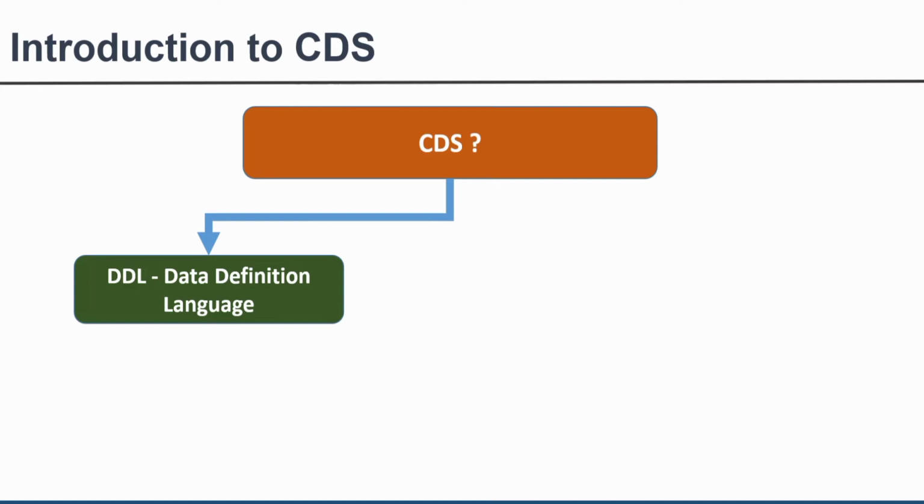CDS data definitions, either CDS views or CDS table functions, are created using DDL. CDS views, which form the technical perspective, are based on CDS database views of the ABAP dictionary, and the CDS table functions are considered as CDS entities which are implemented using AMDP functions.